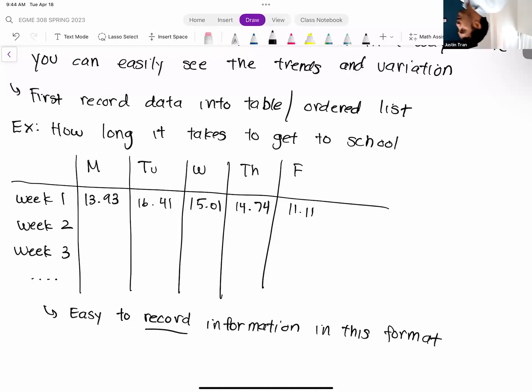And so this is usually your first stop in terms of, you have some random event or random occurrence, usually you're going to record the table first.